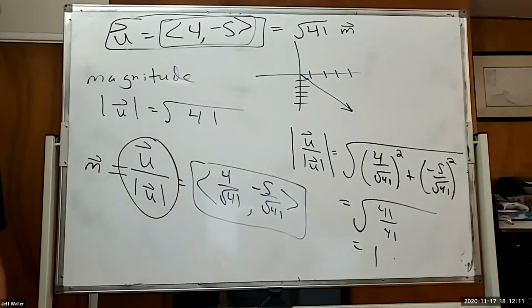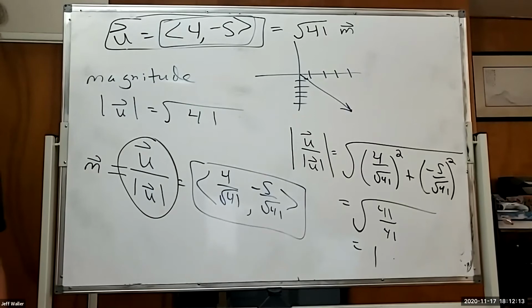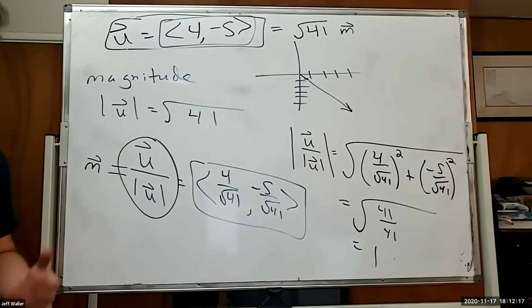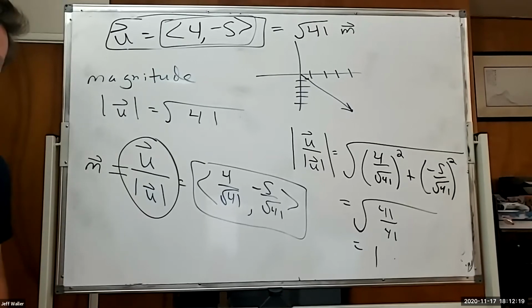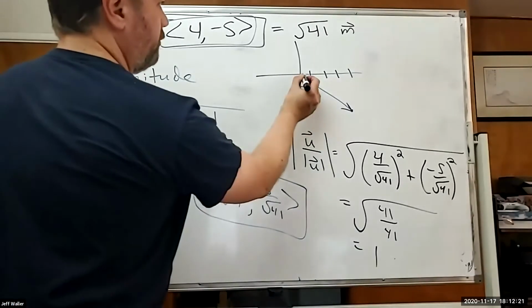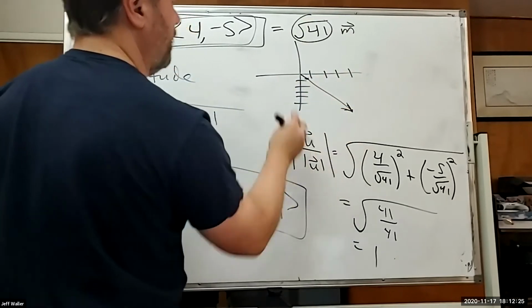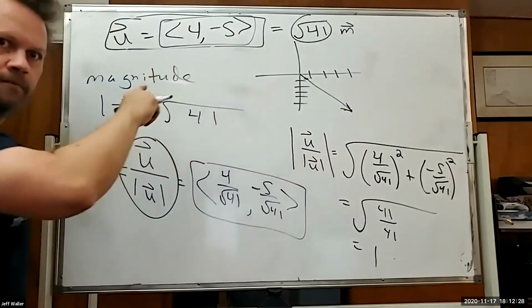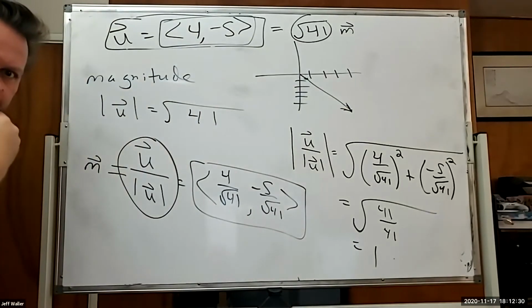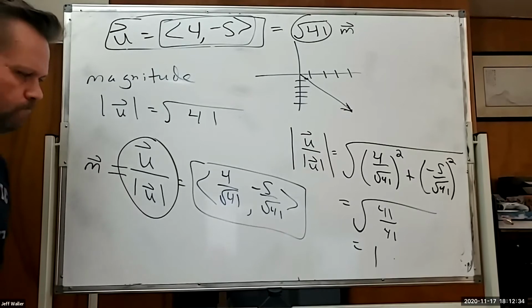Does anybody not get that? I might have gone one step too far, but it's okay. I do that because this guy points in the right direction, and then this guy just makes him become that long. So of course that's another way to write this. Okay, maybe.